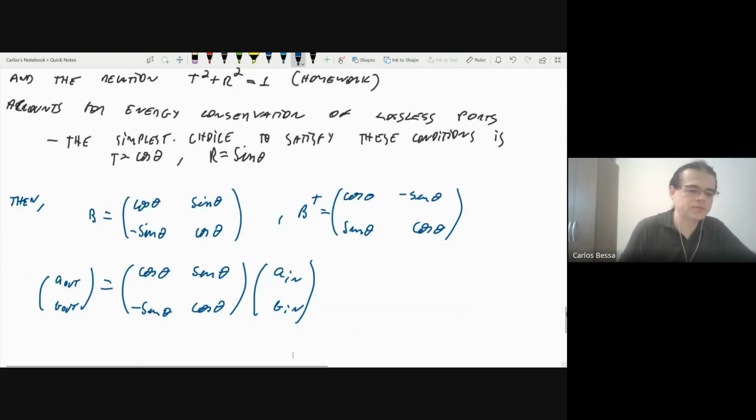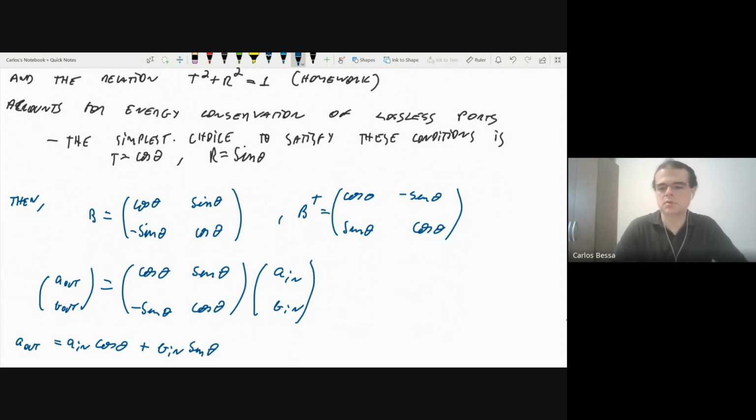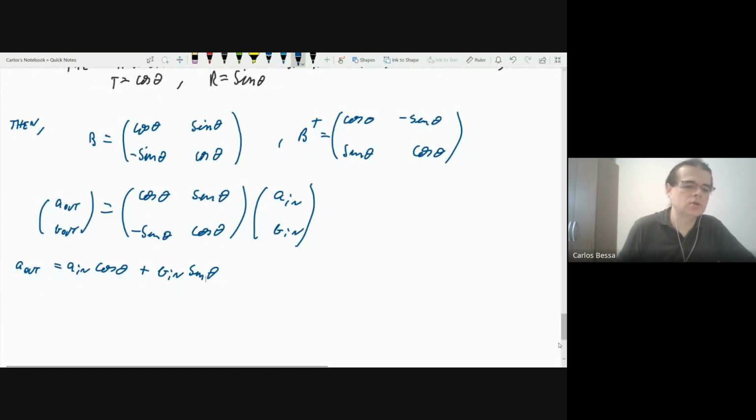And so we have A out equals A in cosine of theta plus B in sine theta. And B out is minus A in sine theta plus B in cosine theta.